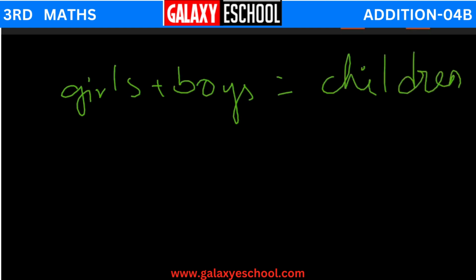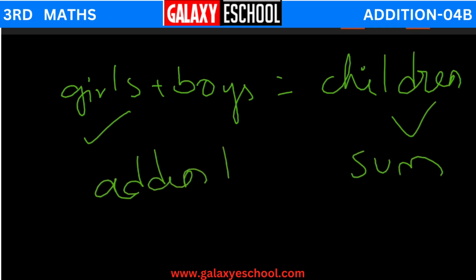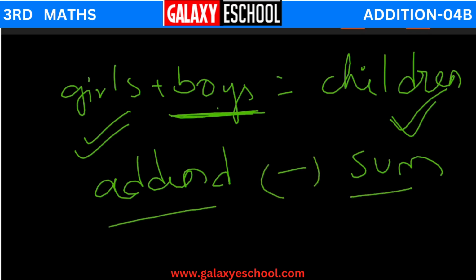We know the sum, and we know one addend, but we do not know the other addend. So in that case we should subtract the addend from the sum.